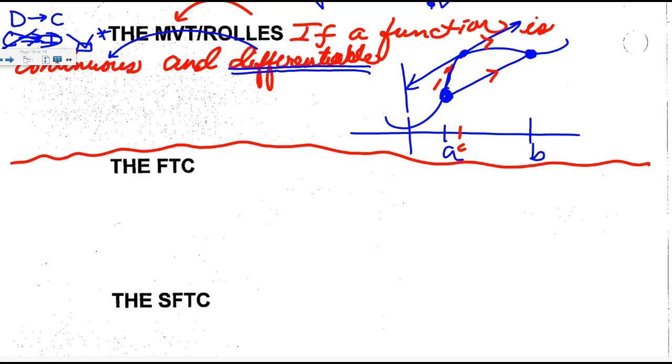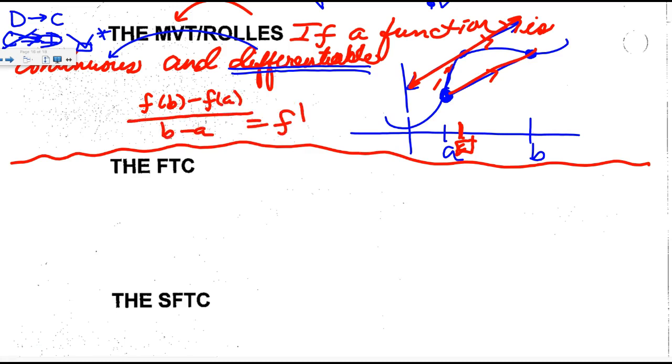Basically, what it means is this average rate of change has to equal the instantaneous rate of change at least once. It guarantees this right here. Formulaically, it would say the average rate of change, slope of the secant line, has to equal the slope of the tangent line at least one place, as long as the function is both continuous and differentiable.